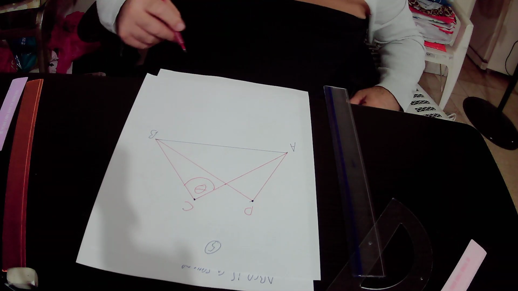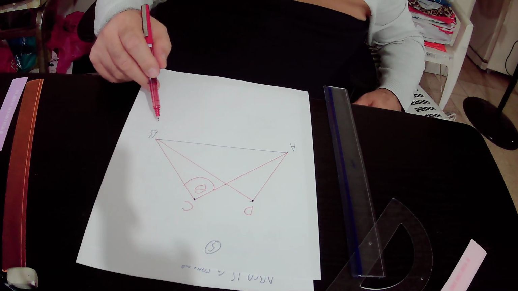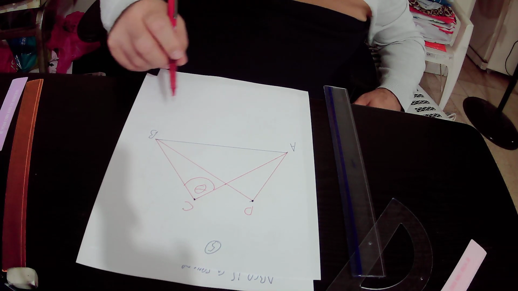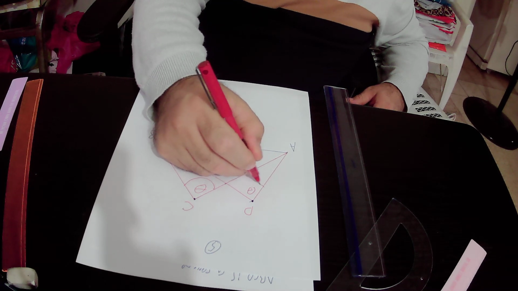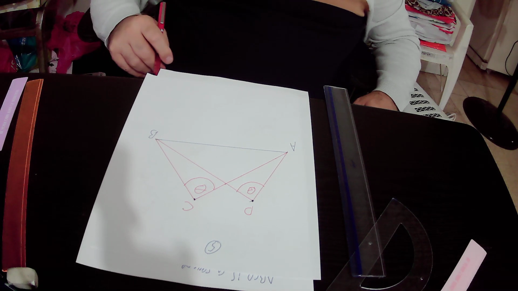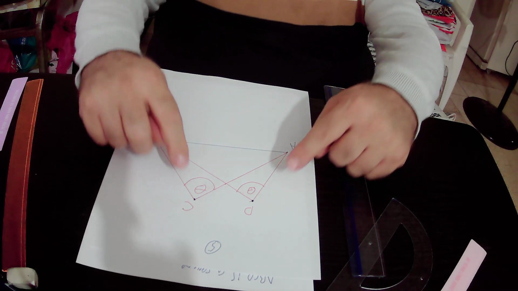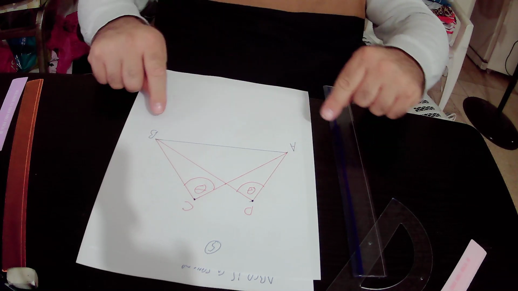Actually, angle ADB also rests on line segment AB, and it also equals theta. So actually in this drawing we have two equal angles that subtend on the same line segment AB.